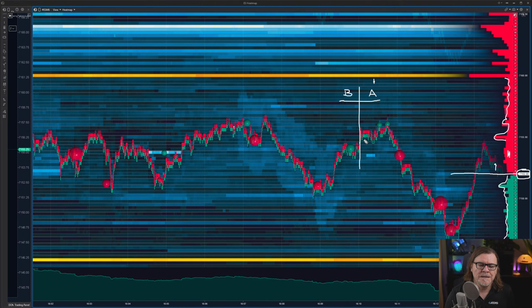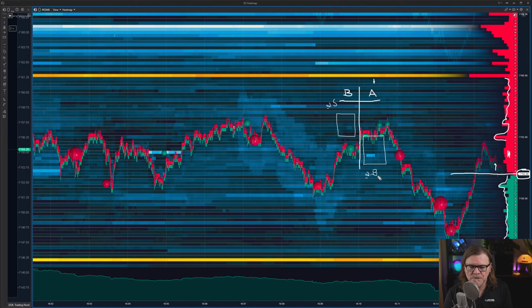Which means, yes, the right side represents buys, but only aggressive buys, aggressive buying. And the left side represents sells, but only aggressive sells, aggressive selling. And this is very important: aggressive.